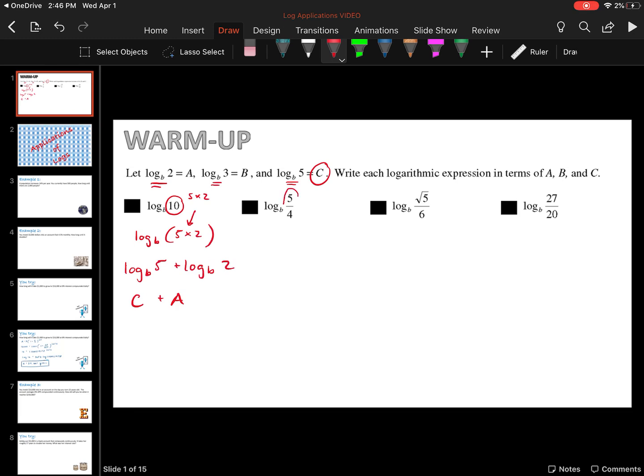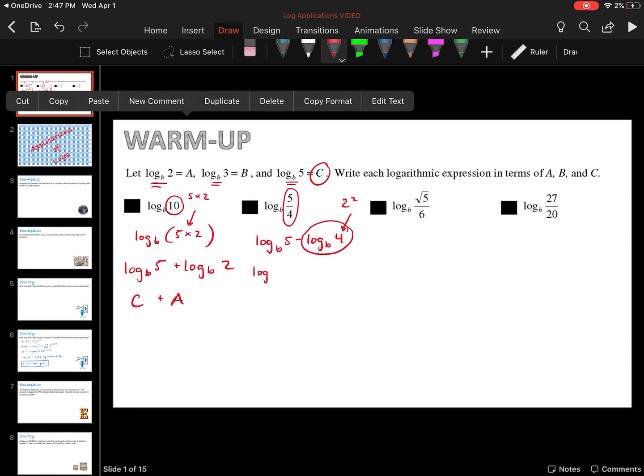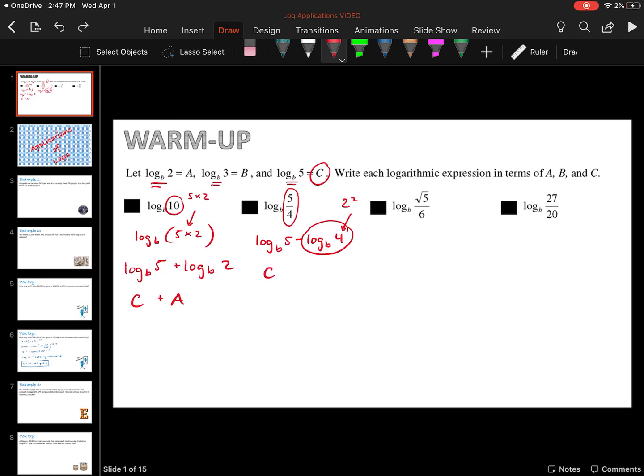Same thing for the next one. We know log base b of 5. So if I want to write this out separately, we're going to write log base b of 5 minus log base b of 4, but we don't know what the log base b of 4 is. We don't have that yet. But you do know that 4 can be written as 2 squared. So log base b of 5, we already know is c. So c minus log base b of 4.